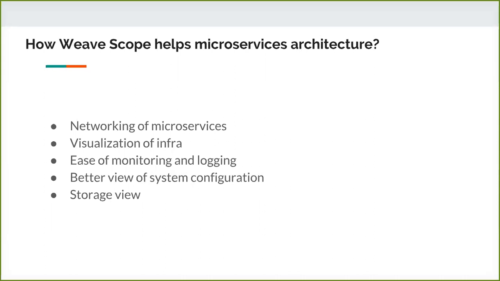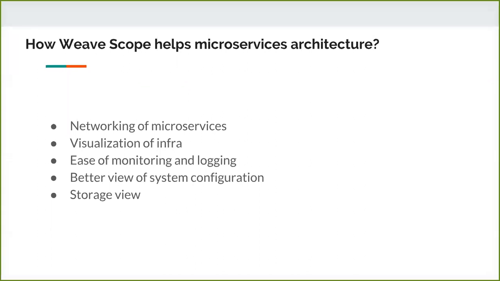Okay. Let's say what happens if the number of pods increases to some 600. Are you going to do kubectl get pods and then again follow this whole process? No. So the answer is no. How WeaveScope helps to resolve that problem, we will see soon.